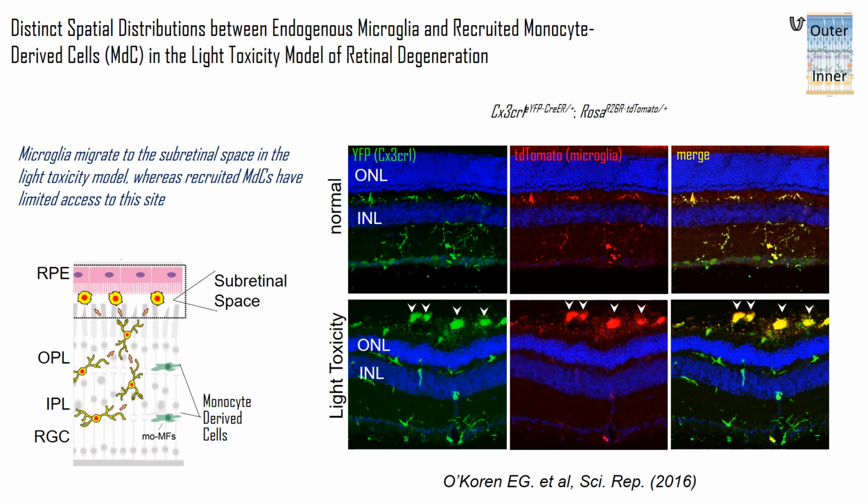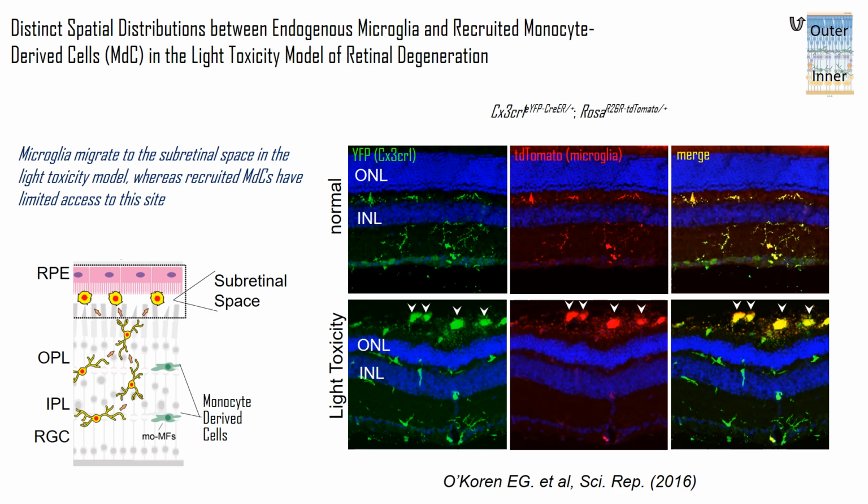We were one of the first to use the CX3CR1 Cre-ER system as a lineage tracer to look at the spatial distributions of monocyte-derived cells versus microglia in degenerative states, which we used in the light toxicity model. If you look at the top panel, you have YFP CX3CR1 cells, which in normal conditions are mostly microglia, as you can see labeled with tdTomato, both in the inner and outer plexiform layers.